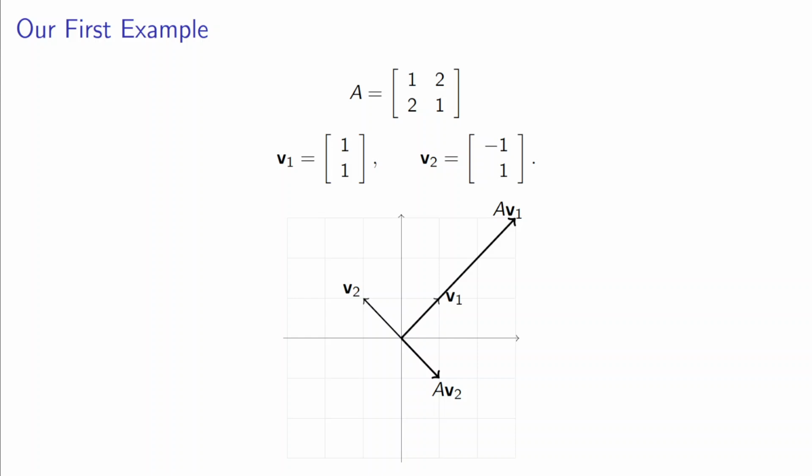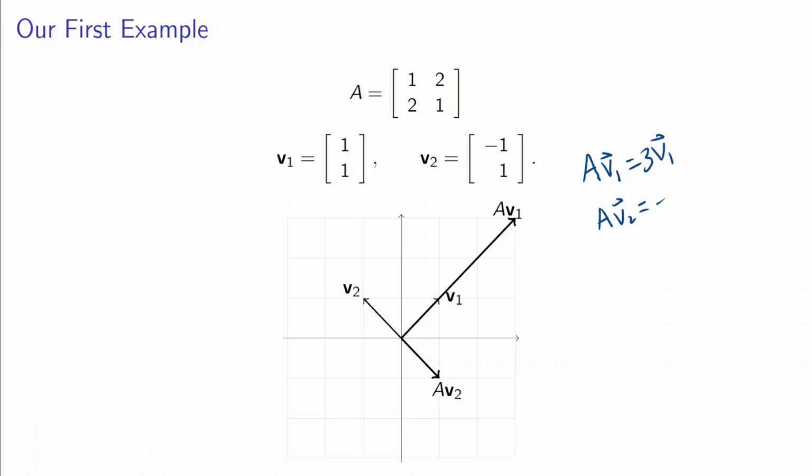Let's look at our example from that last video. We had the matrix A was 1, 2, 2, 1. We found that if v1 was 1, 1 and v2 was negative 1, 1, then those were both eigenvectors. I think the eigenvalue corresponding to v1 was 3. So we found in particular Av1 was 3v1, and that the eigenvalue corresponding to v2 was negative 1.